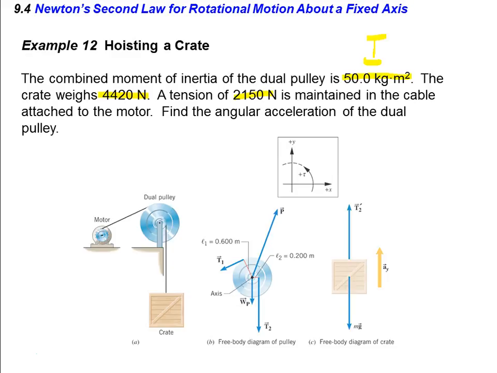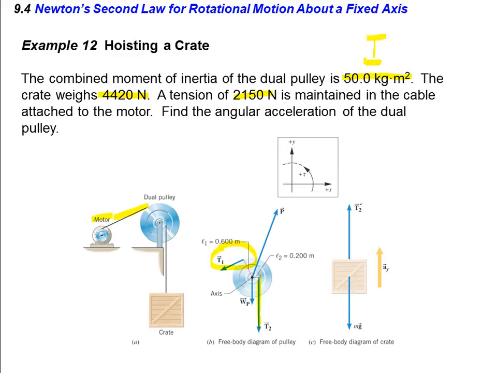Well, in order to find that angular acceleration, we have to look at all the torques happening on this pulley. There's this motor here that's pulling on the pulley, and that's causing a torque. And then there's also the tension force pulling down from the crate, that's causing a torque.